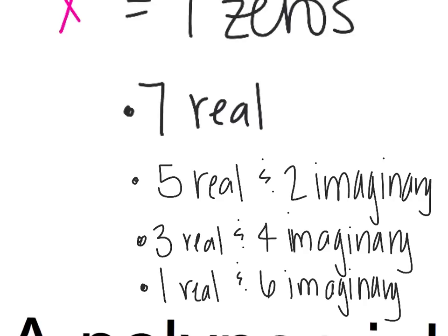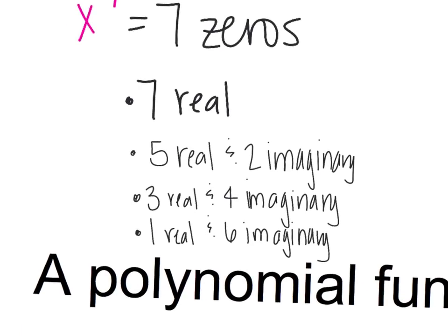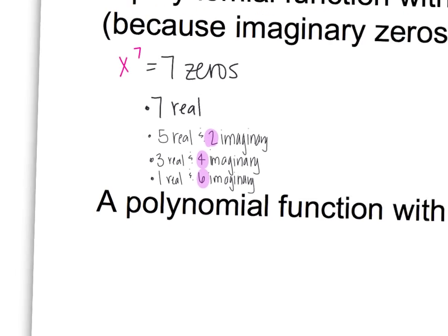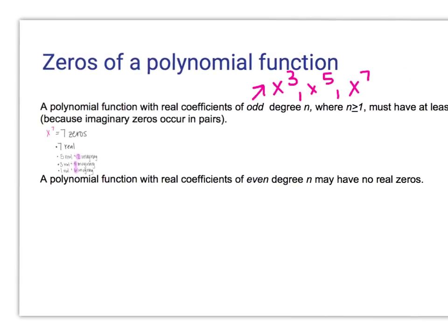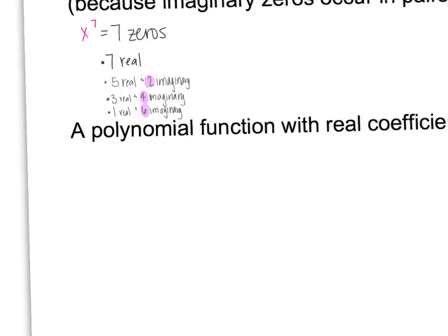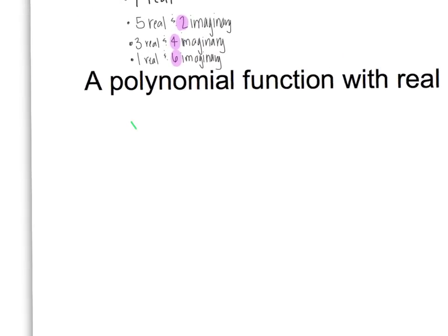So these are all of my possible combinations, and notice this is important, all of my imaginaries came in pairs: 2, 4, 6. The other option is that a polynomial has real coefficients of an even degree, something like x to the second, x to the fourth, x to the sixth. And it can have no real zeros. That's a possibility. That makes sense, because if I had a polynomial of degree 6, then it would have 6 zeros.